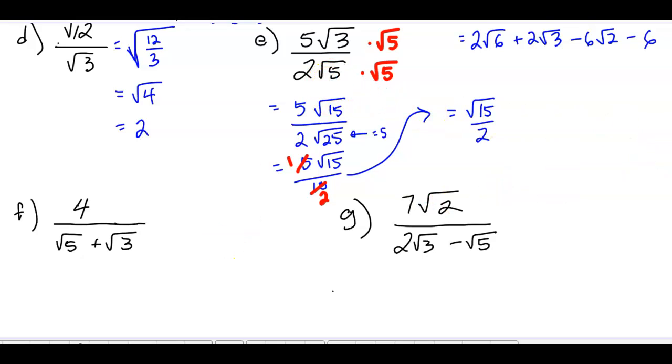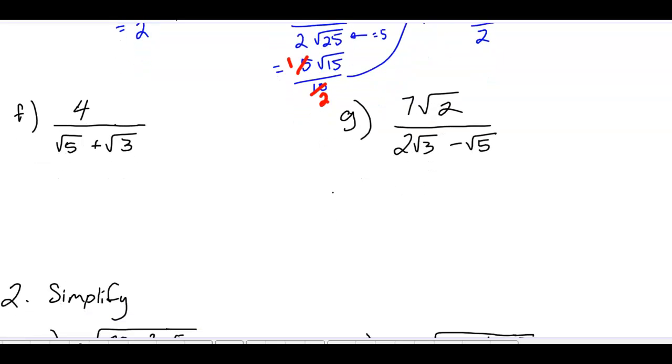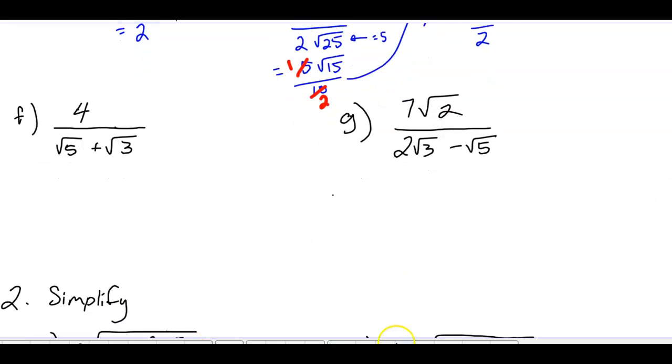Now rationalizing with two terms, that's where we have to multiply through by the conjugate. So what's the conjugate? If you remember back to Math 10C and polynomials, conjugate is the same terms but opposite signs. So whether it's algebraic or radicals. So here, same terms, opposite sign. And we have to do the same in the numerator.